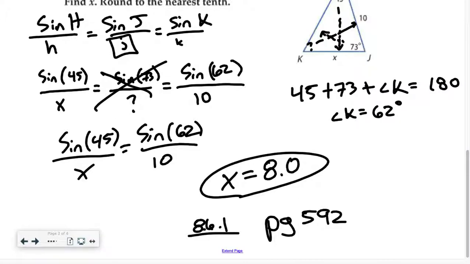Page 592. Let's do 1 through 4. And that should be a good bit of practice.